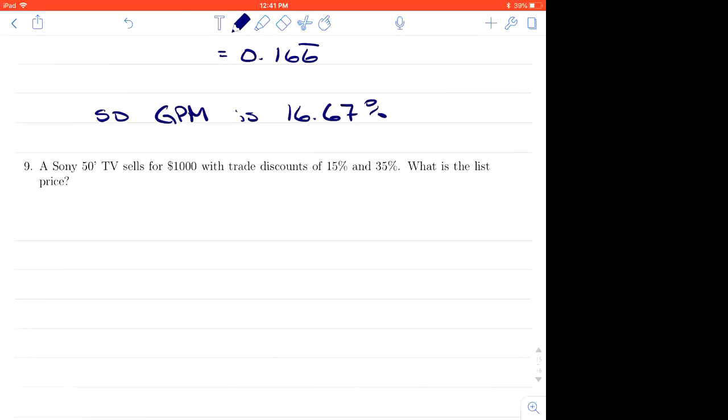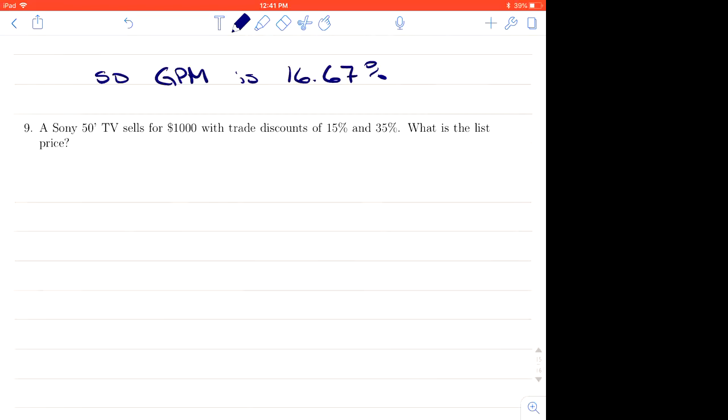A Sony TV sells for $1,000 with trade discounts of 15 and 35%. What is the list price? This one's a little tricky, and we have to be a little bit flexible. Is the $1,000 how much we're selling it for, or how much we pay for it after the trade discounts?